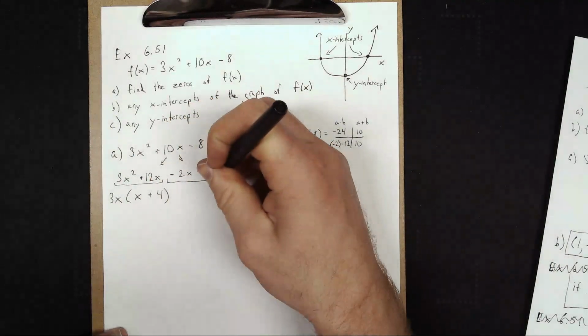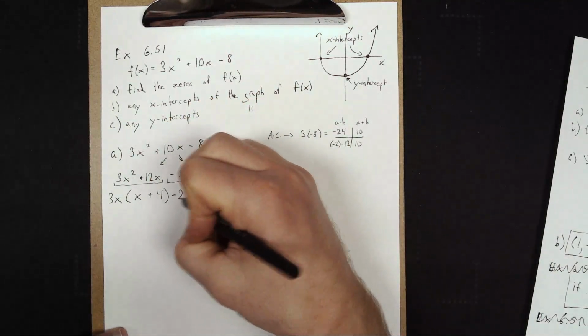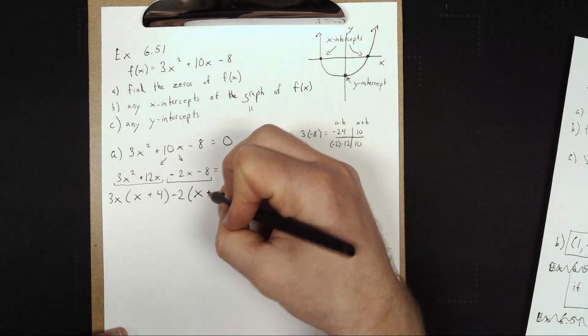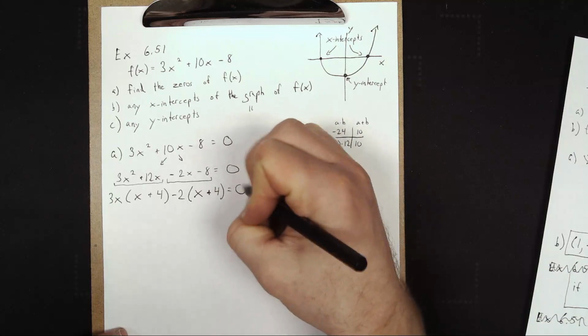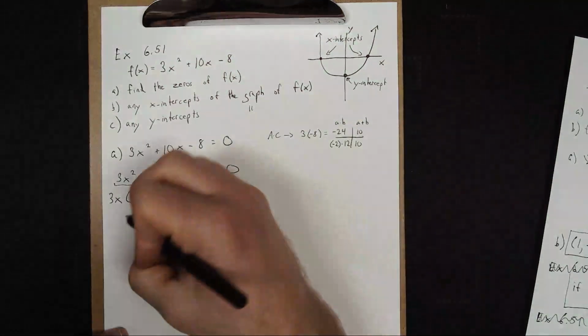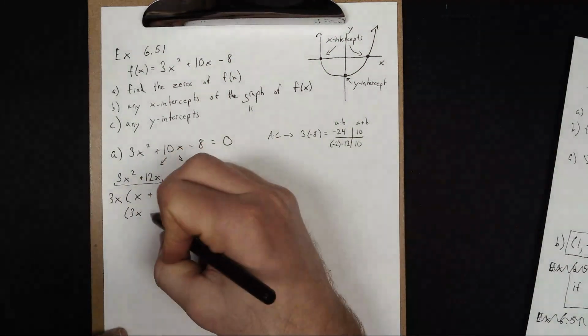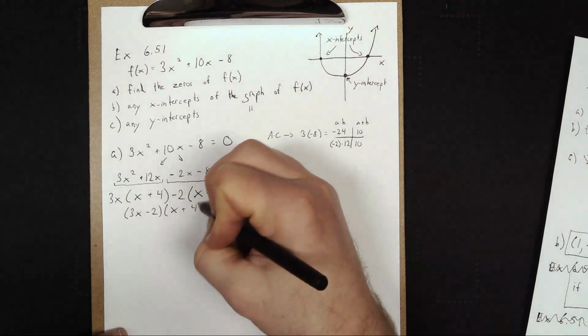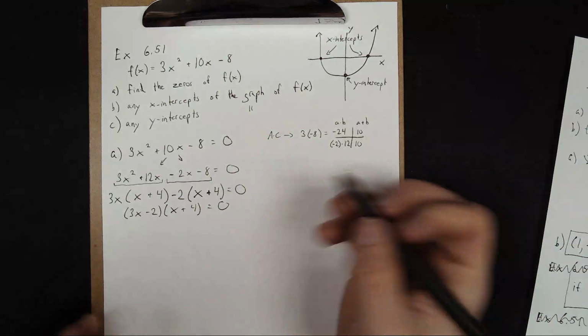And what do these have in common? They have a negative 2. This becomes x plus 4. And there we go. Since these match, we know we did it right. So we can jump to 3x minus 2 times x plus 4 equals 0, and then solve.